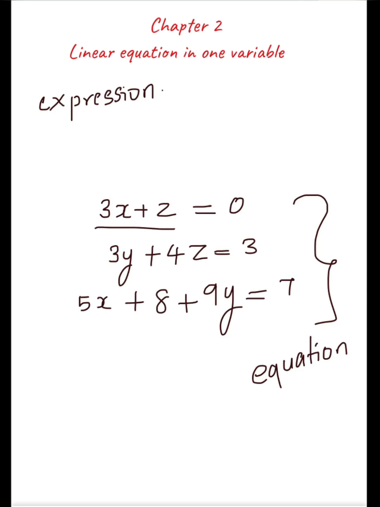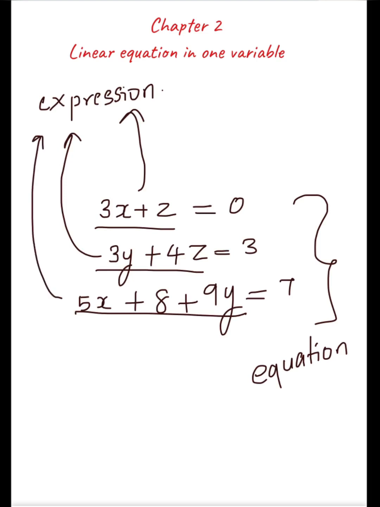This 3x plus 2 is simply called an expression, as well as 3y plus 4z and 5x plus 8 plus 9y. But if we are equating this expression to something, or if we are putting an equal sign in an expression, then it will turn into an equation. So that is the difference between equation and expression.